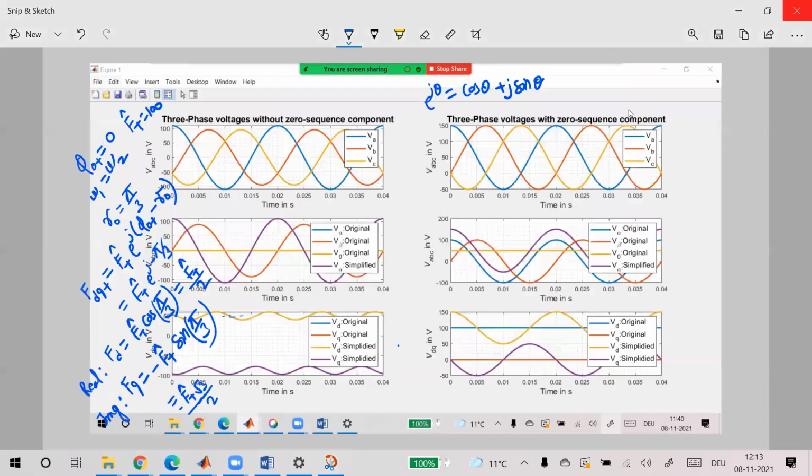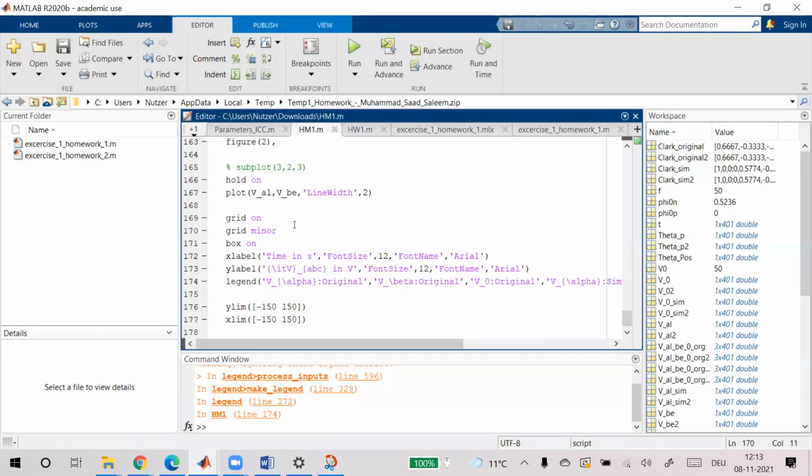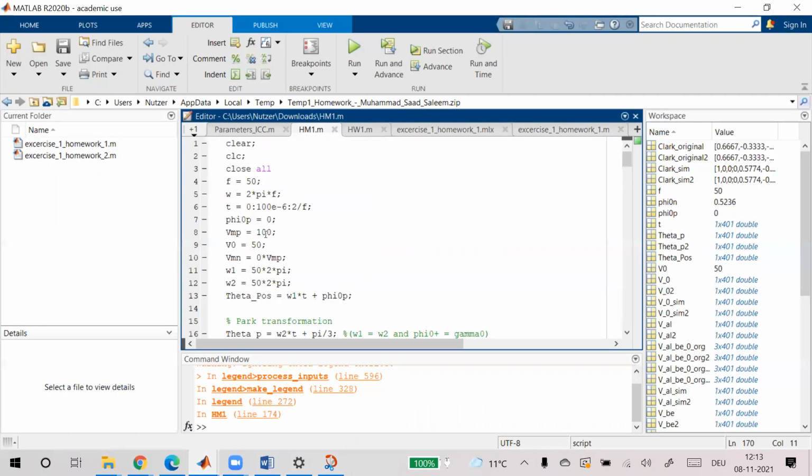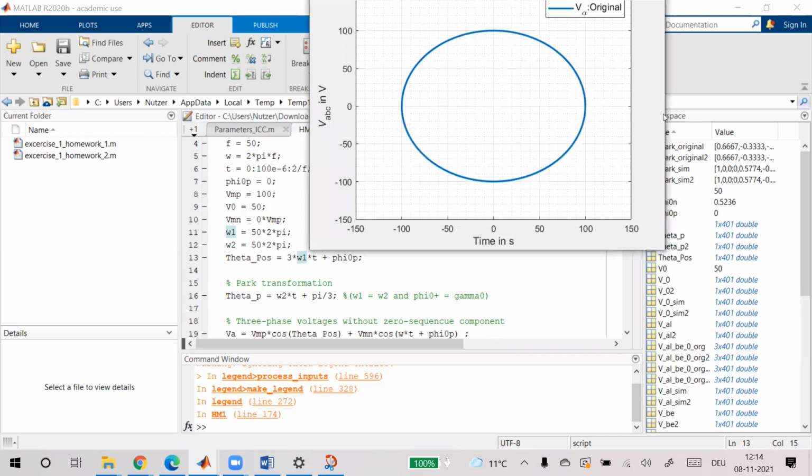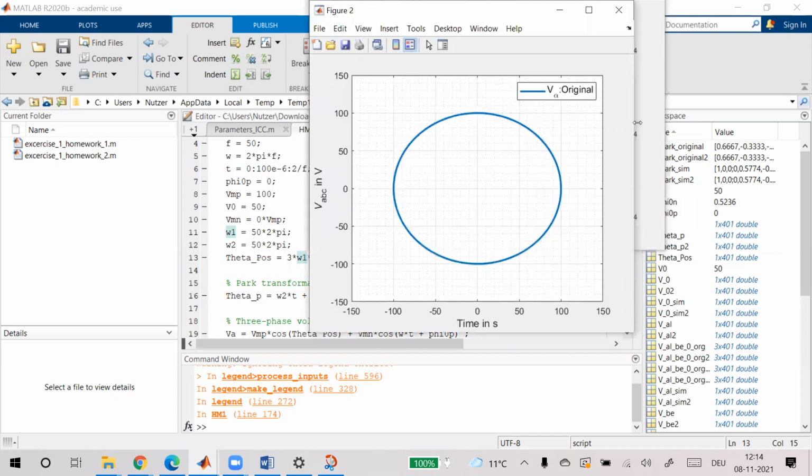And you can see that if I change the, yeah, so that is about your alpha beta. And if I increase the frequency of this positive sequence, so I make it like 3 times, still you will see the alpha beta plot as a circle. I'm not going into DQ.